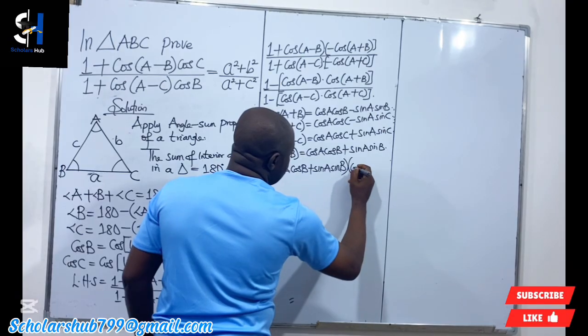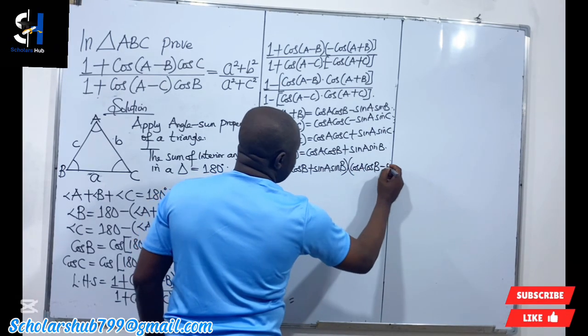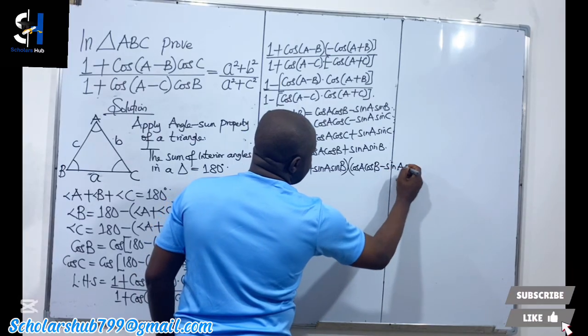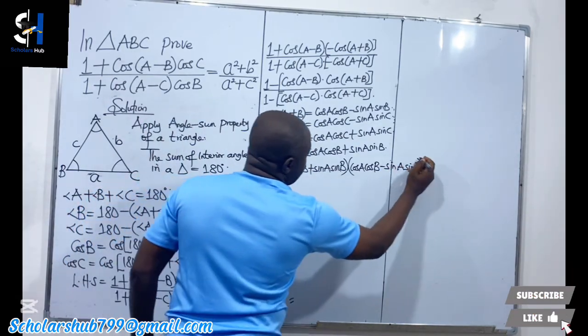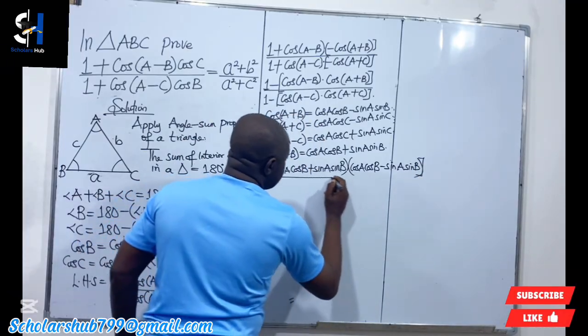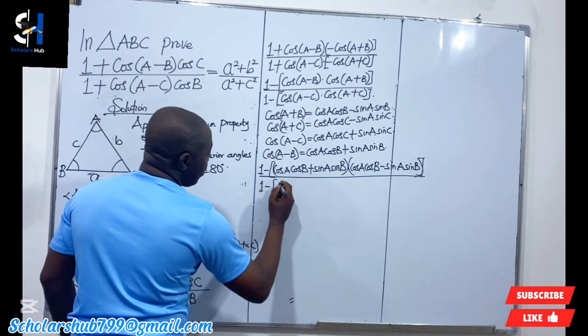Now this will be cos A cos B minus sin A sin B. Let me close the square bracket, then divided by 1 minus open square bracket.